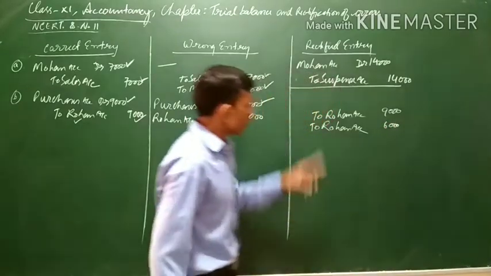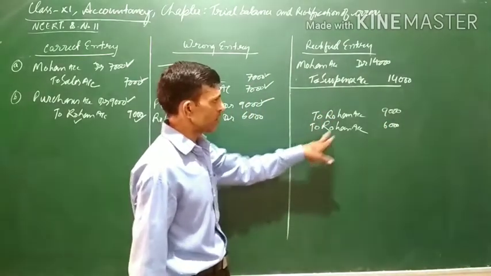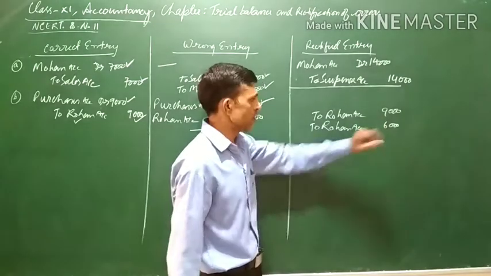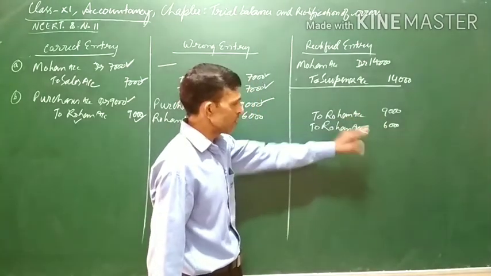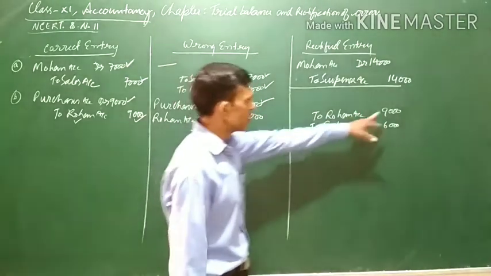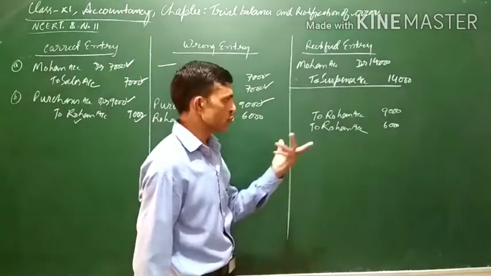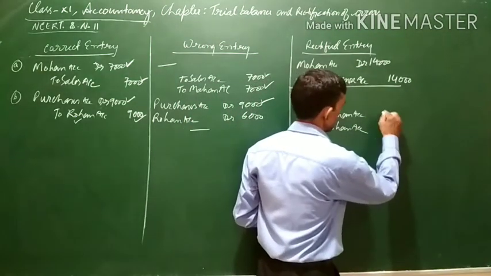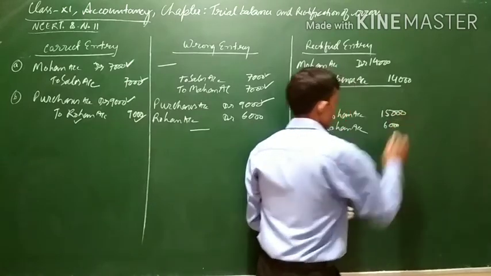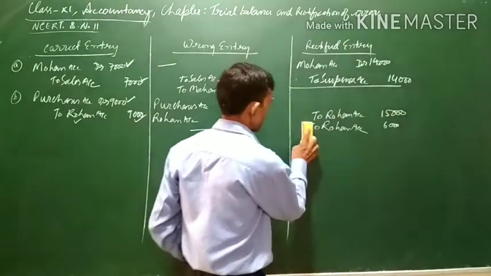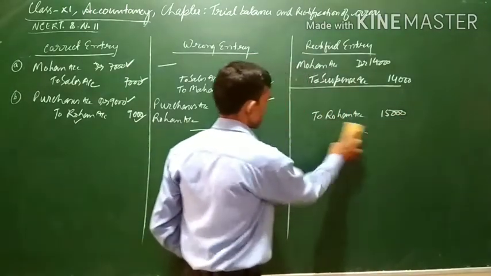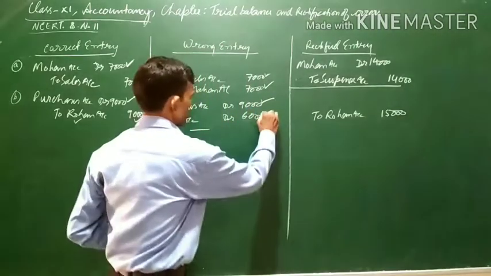Now you can see Rohan account has been credited twice, once for 9,000, then 6,000. Instead of crediting twice, we will credit with 9,000 plus 6,000, total 15,000, and write it only once. Now this has also been rectified.